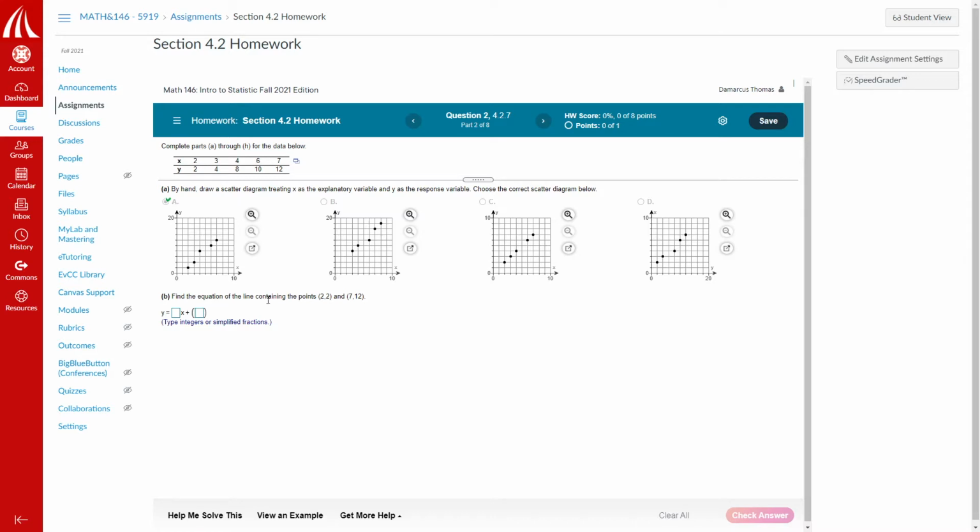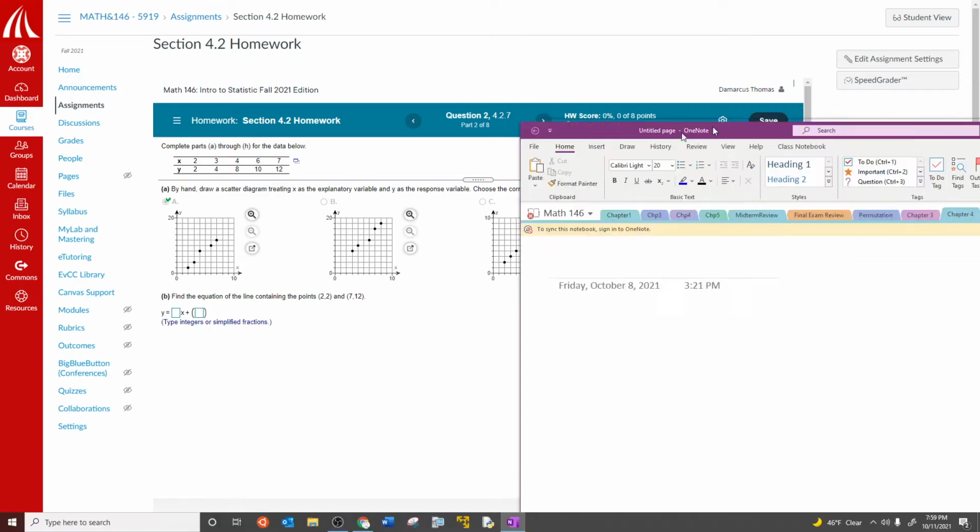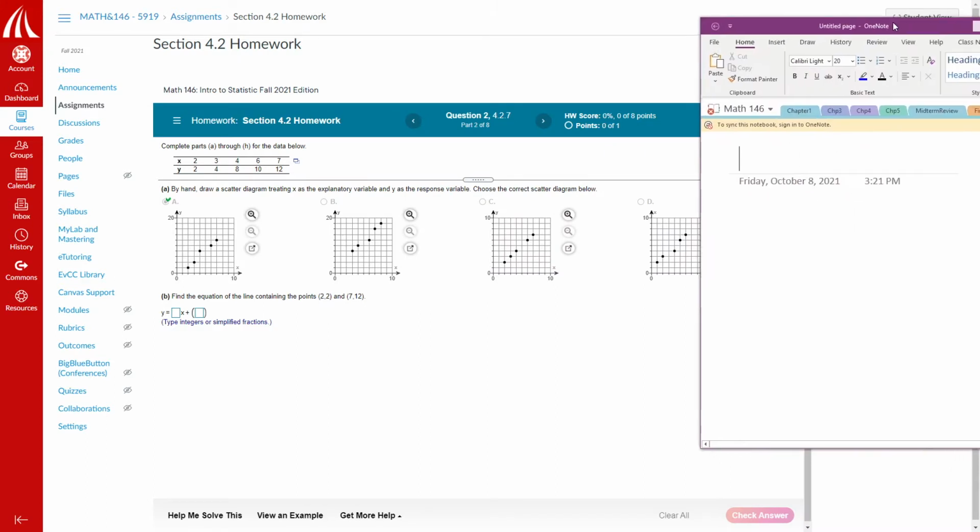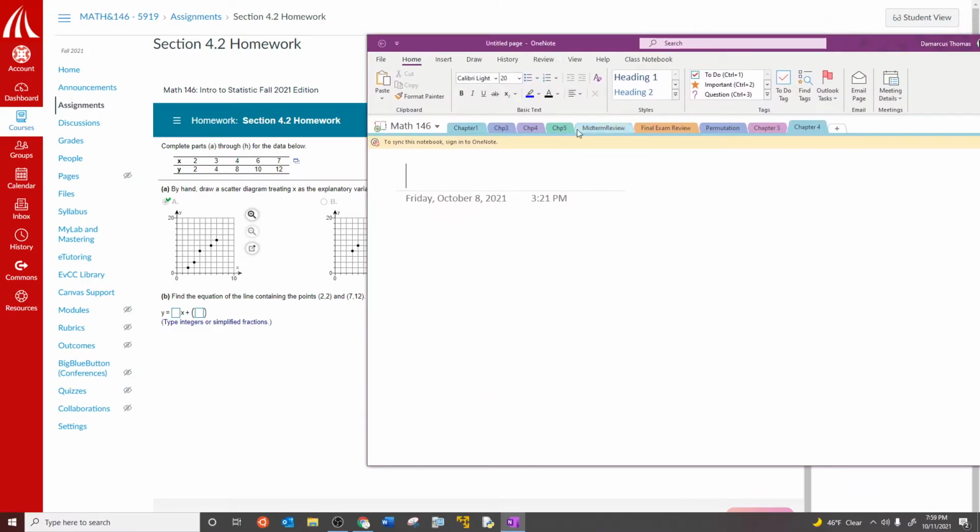Find the equation of the line containing the points (2, 2) and (7, 12). This is kind of a unique problem because it's more from an algebra course, but we can do it here.